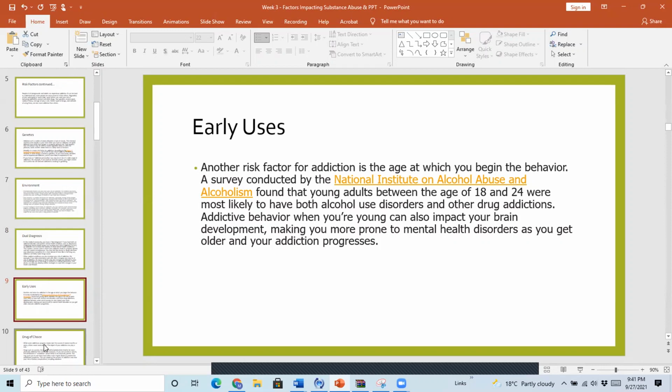So early use, meaning starting to use certain substances at a very young age, tends to lead you down the path of addictive behavior. This can also impact your brain development, the likelihood of you being able to fully develop. It affects your overall well-being.